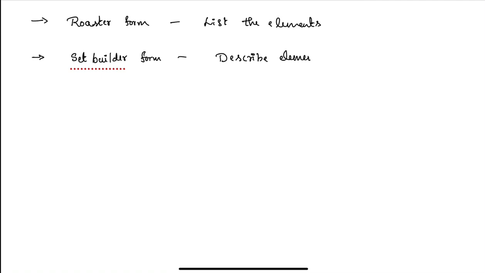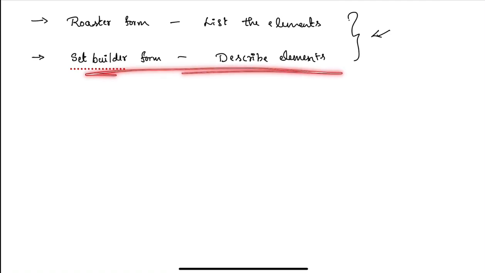These are just two types to write a set. If a set is small, you can explicitly write the elements. If a set is big, you cannot list all the elements, so set builder form will be useful in that case.